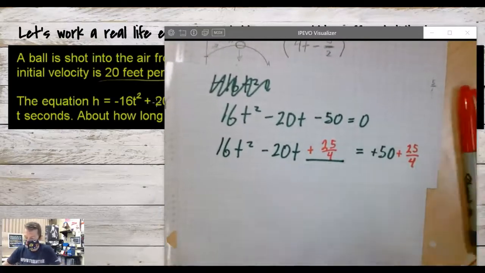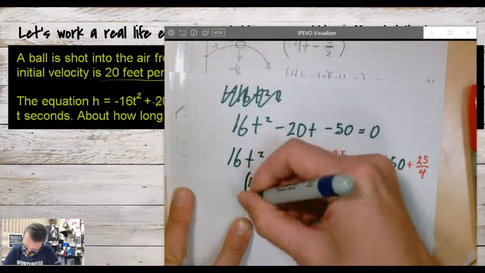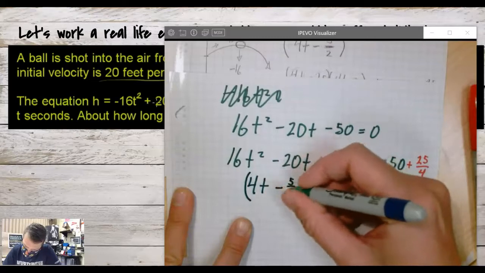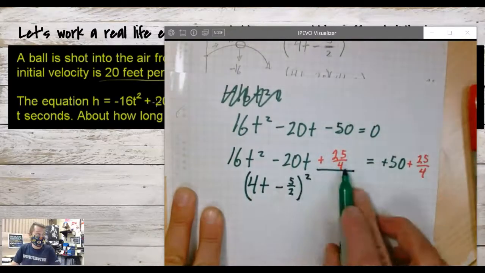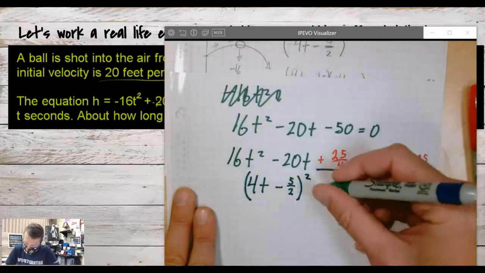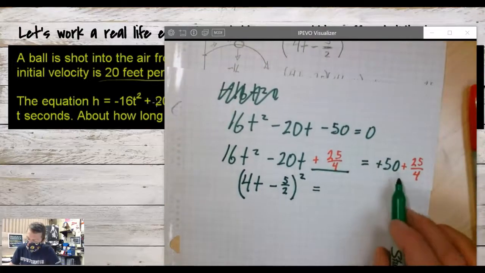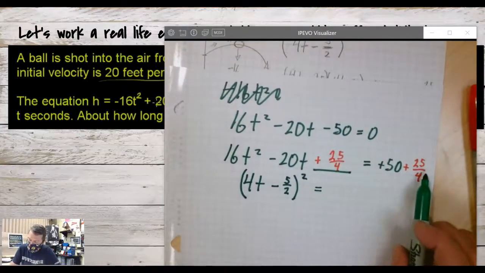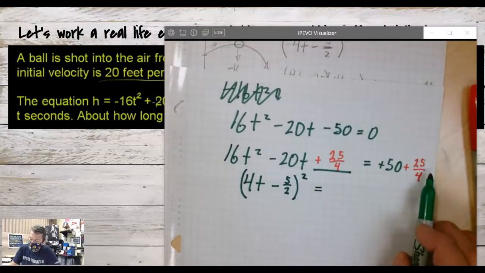This is now, the left side is now the perfect square, and the right side, we don't know what the decimal for this is yet, so it really is 6.25.